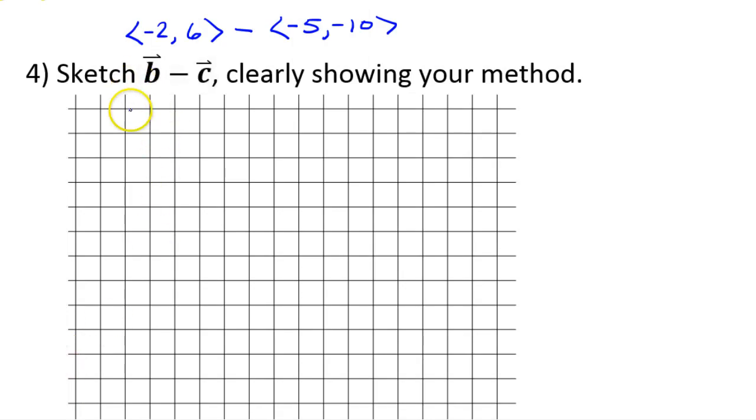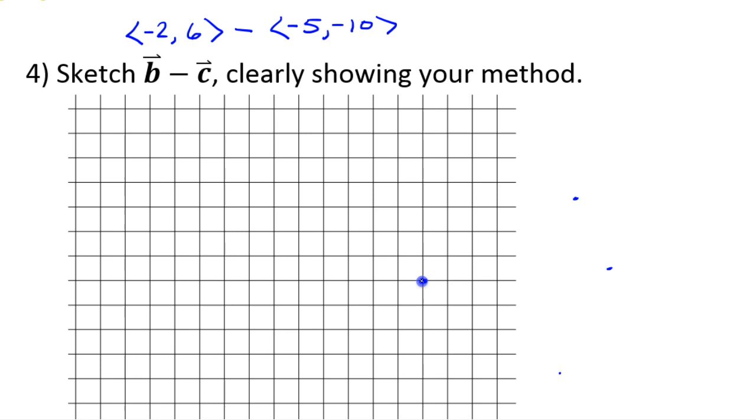For number 4, we are going to sketch B minus C. And here's vector B and here's vector C. So first, vector B, <-2, 6>. We can start anywhere we want, so I'm just going to semi-randomly pick a point about here.